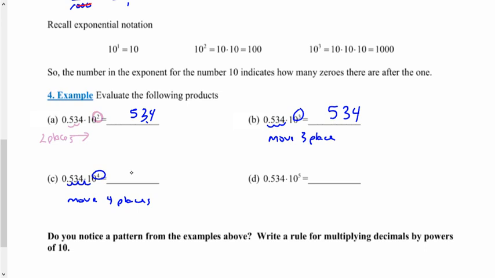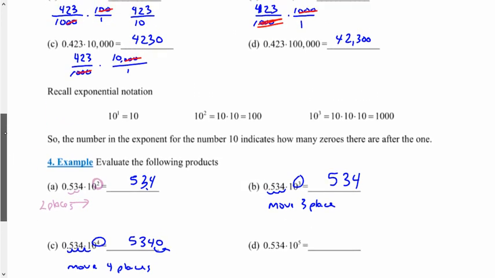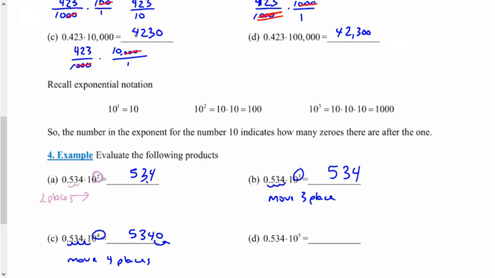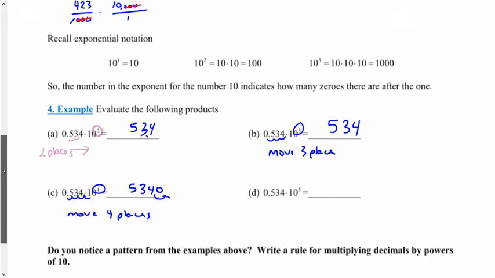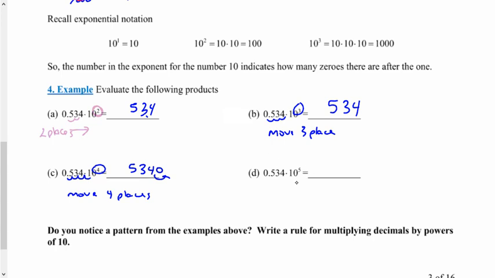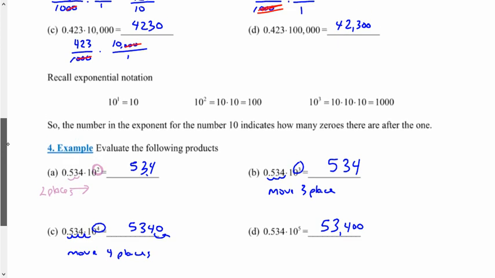I ran out of places to move it. 5, 3, 4, but I still have to move it one more place. It's got to go one more over here. So now this is when I end up just adding a 0, right? That's how up here we ended up getting 4,230. We were able to just add a 0 there, right? And then of course this one we're going to move it 5 places total, which gets us 53,400.